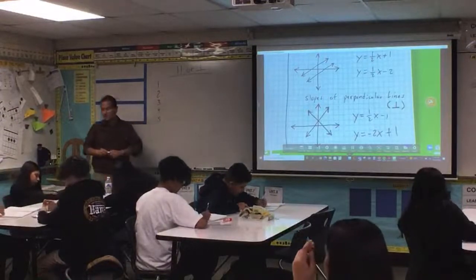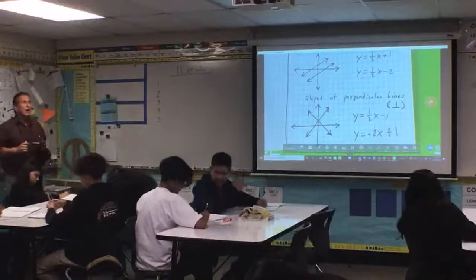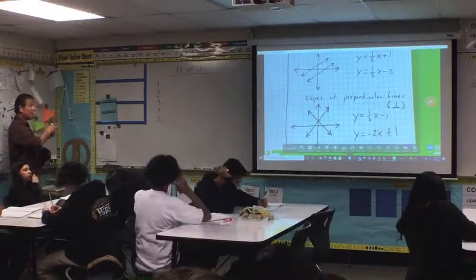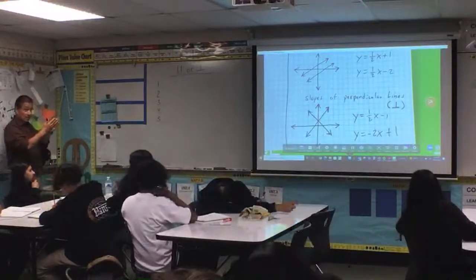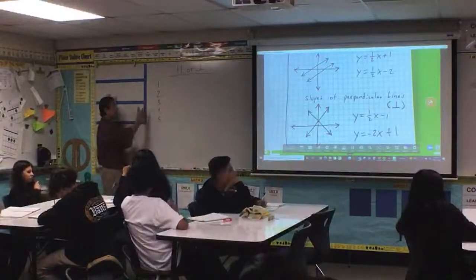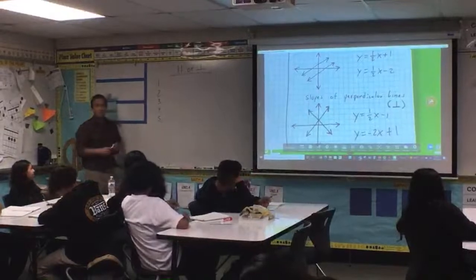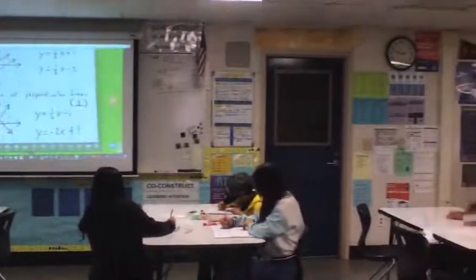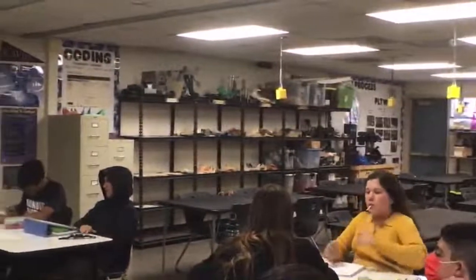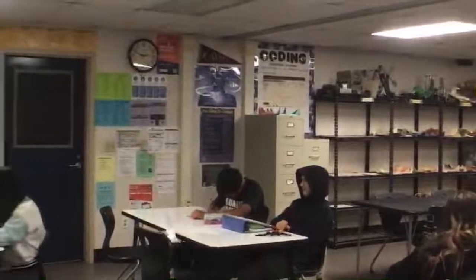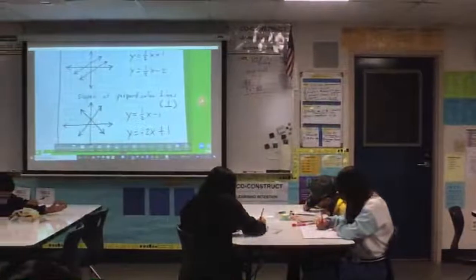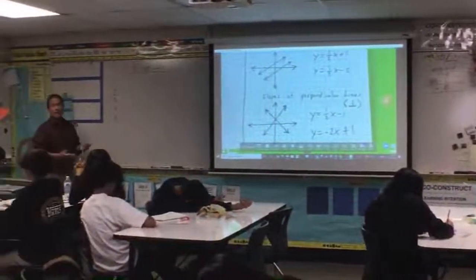Write your own list, don't say anything. Write your own list right now of where you might encounter either parallel lines or perpendicular lines. I only want you to make 5. You might come up with 10 or 20 or 30, but I just want you to come up with just 5. 5 things that you encounter either on a daily basis or a weekly basis, maybe a monthly basis, where you see either parallel lines or perpendicular lines in your life.